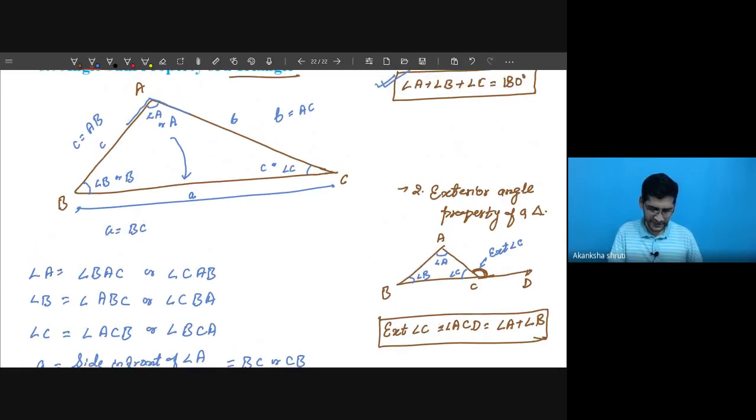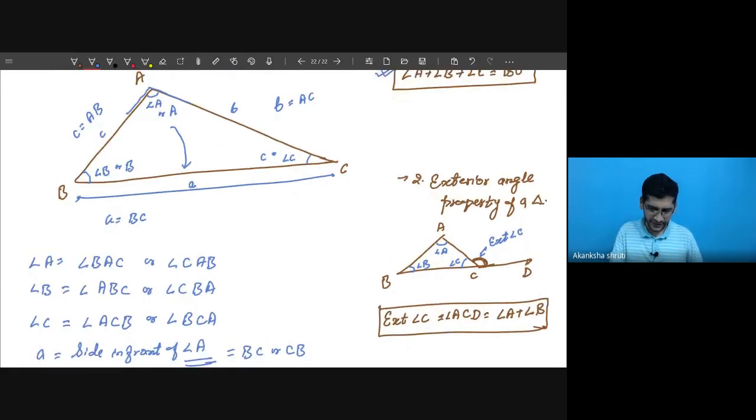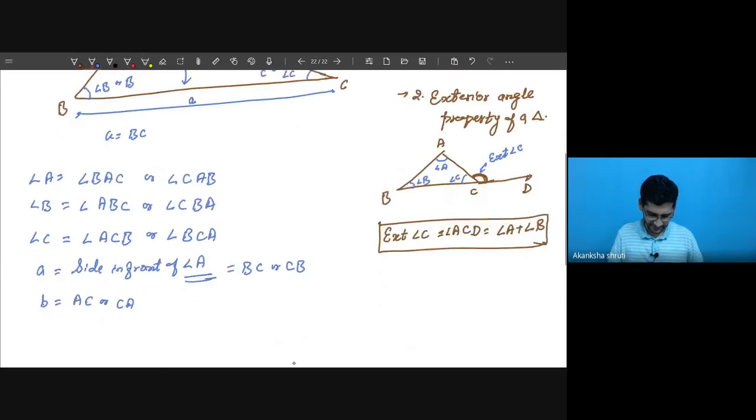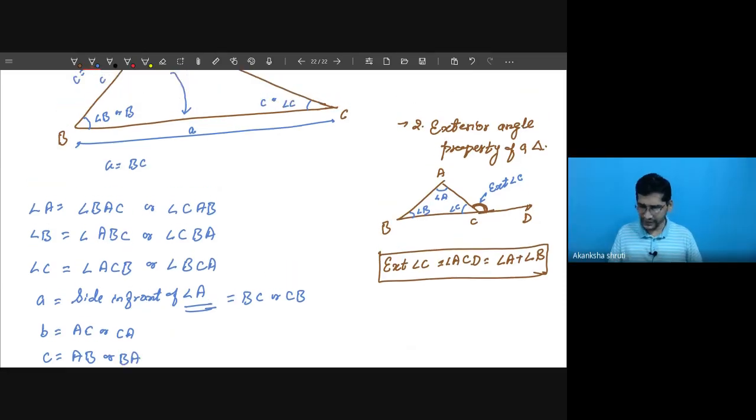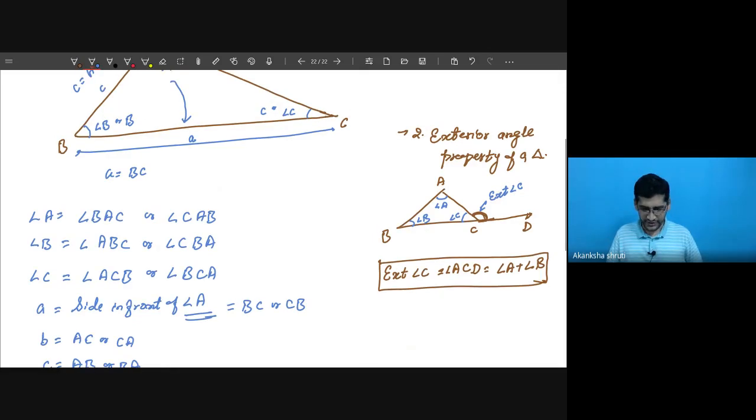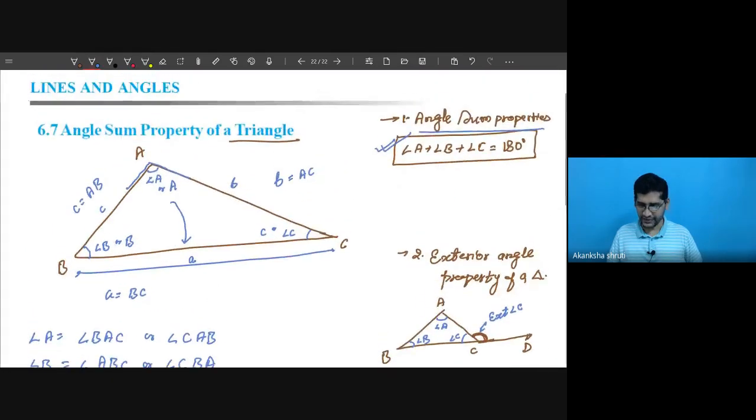Similarly, a small c is the side in front of angle C, it will be AB, or BA. And these are the general denotations. Denoting in short form has the bigger meaning. So that is the general one, and it is acceptable everywhere.